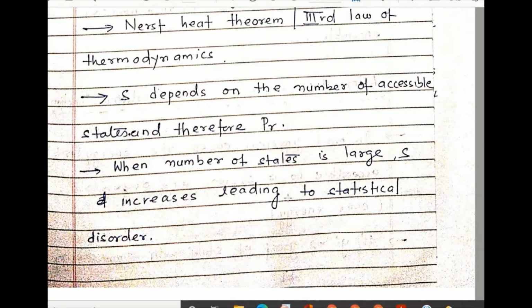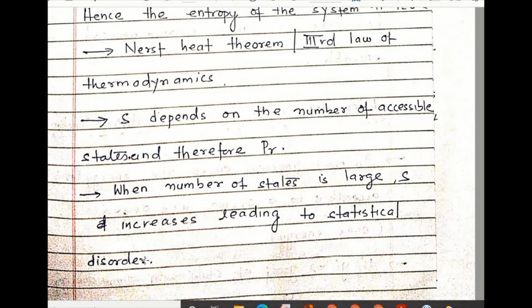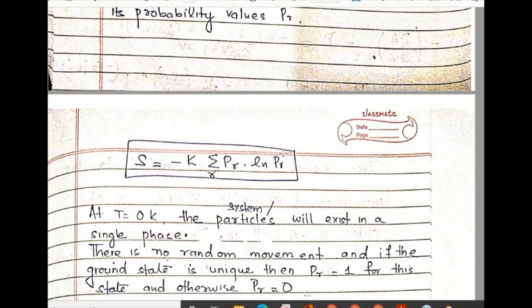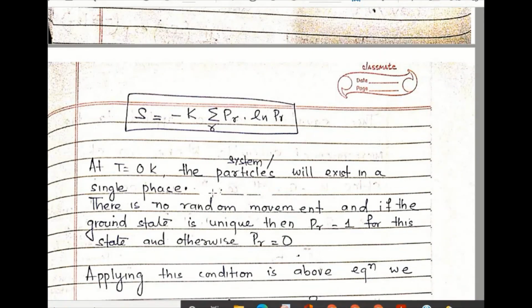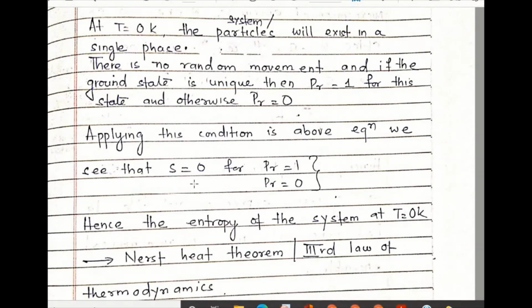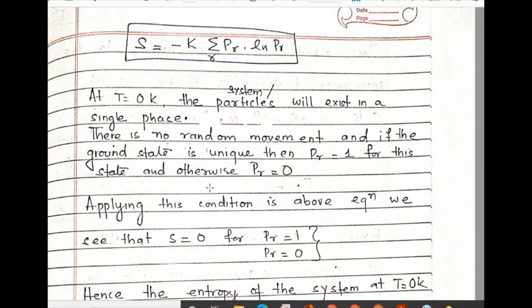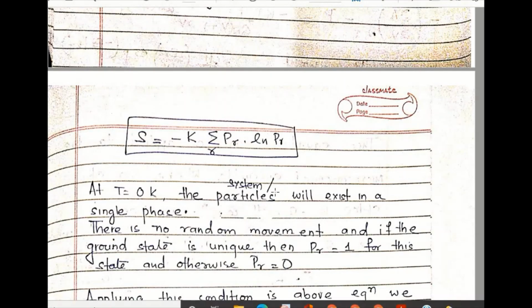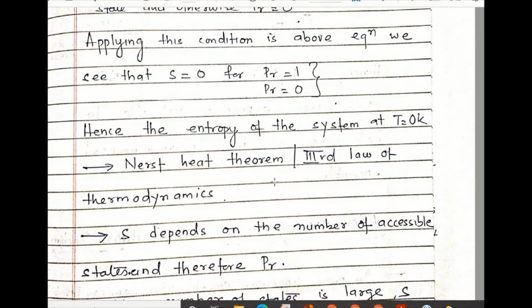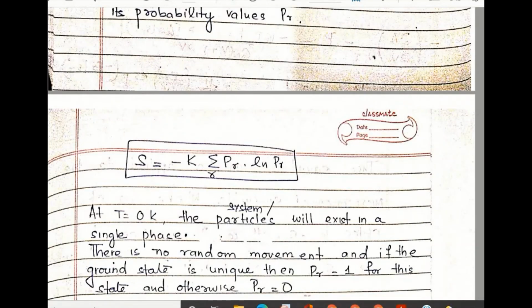When the number of states is large, entropy increases, leading to statistical disorder. This is also very clear because it depends on the probabilities. When more states are equally accessible, there will be more disorder as the temperature increases. So from this derivation, we have even validated our third law of thermodynamics. So that's it. Thank you.